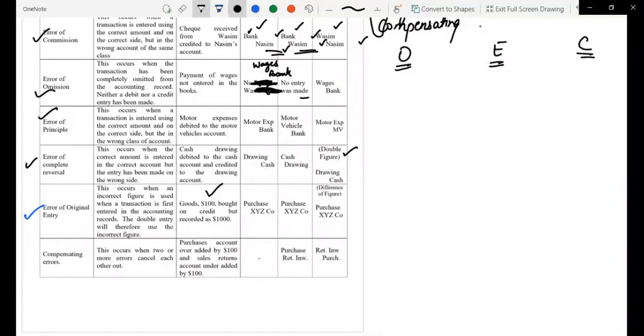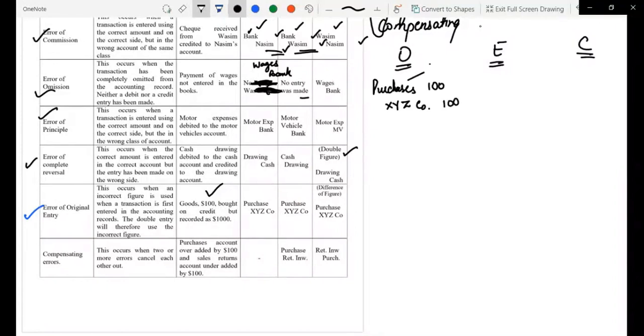How? Because when we purchase goods on credit, the original entry was purchases debit, and XYZ company, whosoever the liability is, XYZ company was credited, right? The original entry was supposed to be that purchase was supposed to be debited by 100 and XYZ company was supposed to be credited by 100.